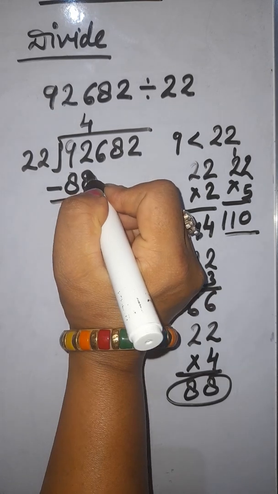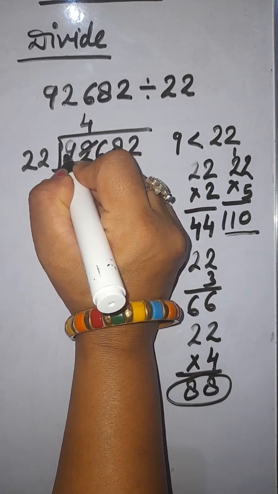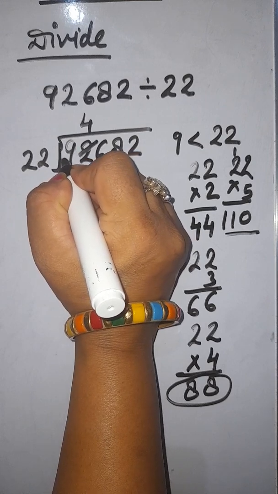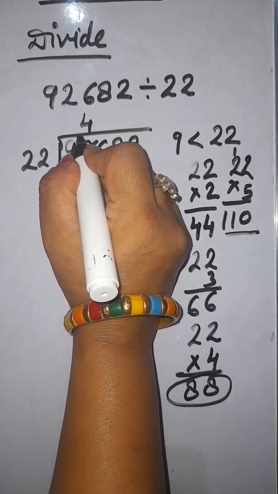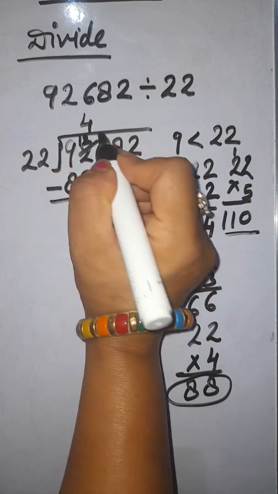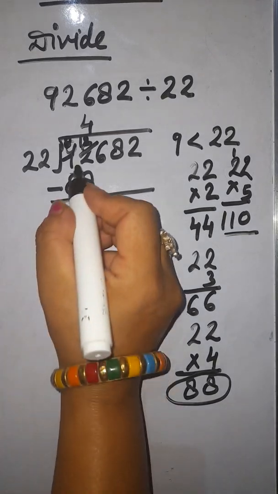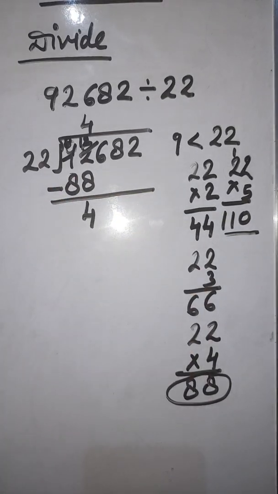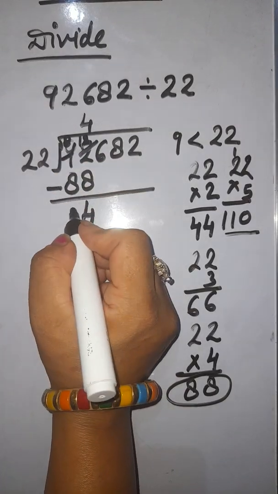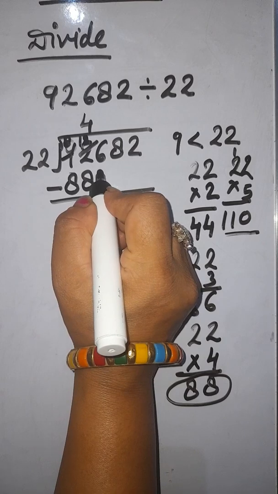It is a smaller number, so we need to borrow 1 from this digit. It will become 12, and here it will become 8. Now 8 from 12 we get 4, and 8 minus 8 is 0. So we'll bring down the next digit.